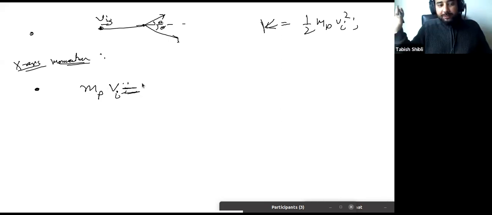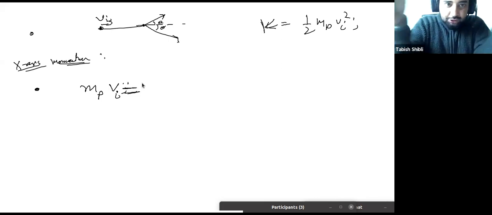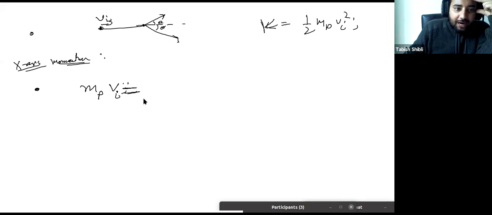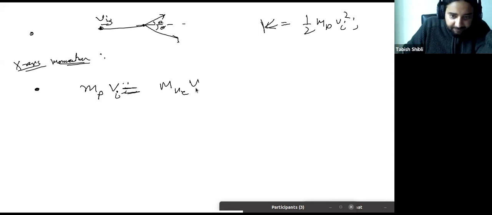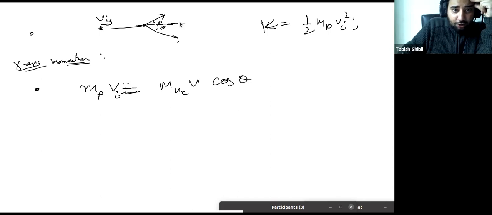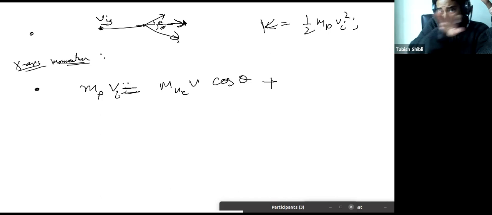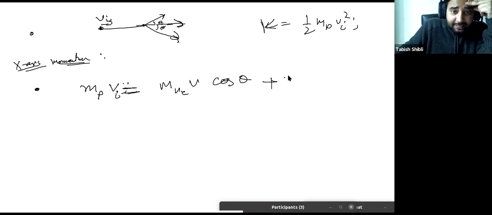This will be the total momentum, right? Because the lithium is not moving. Lithium is stationary, so it won't have any momentum. Now, what about the helium? Or what about the right hand side? Well, you have mass of the helium times the velocity, which is going to be v1, but v1 and v2 are the same, and I called that v. So it's just mass of helium times v times cos theta, because it's essentially the component along the x-axis, plus because this will also have a component along the positive x direction, it will be exactly the same thing.